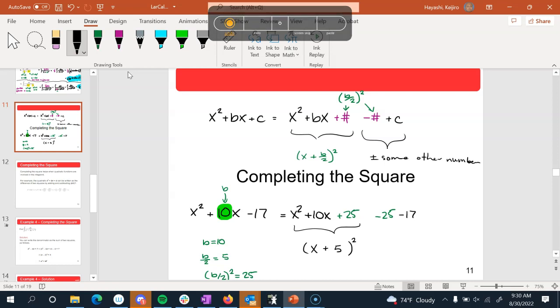You can also just take for granted that this is a perfect square trinomial and try to factor it anyway. Look for two numbers that multiply to 25 but add up to positive 10. You'll find that it's plus 5 and plus 5, meaning it factors into x plus 5 times x plus 5, or x plus 5 all squared.